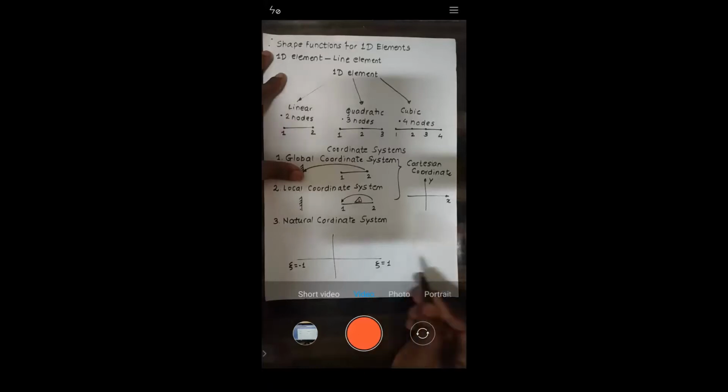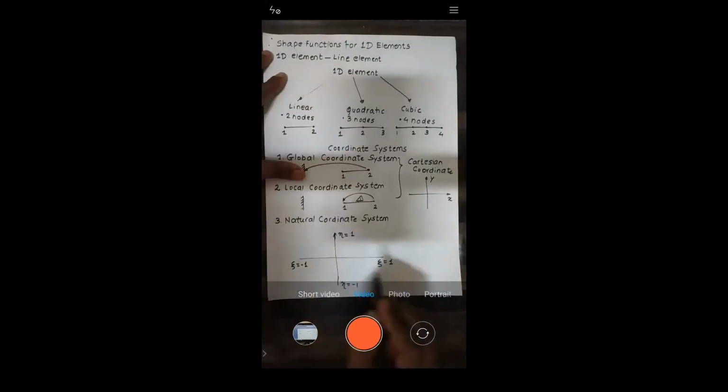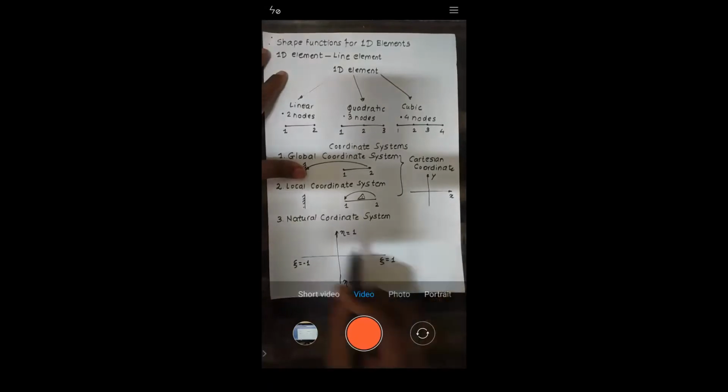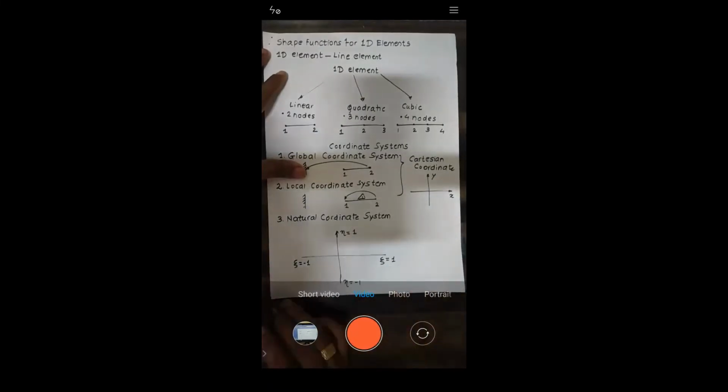Similarly, you need to replace y by neta, where the limit for neta is again -1 to 1. Here neta is equal to -1 and here neta is equal to 1. This is natural. So what is natural? x you replace by zeta and y you replace by neta. And what is the limit for zeta and neta? -1 to 1, again -1 to 1, right?